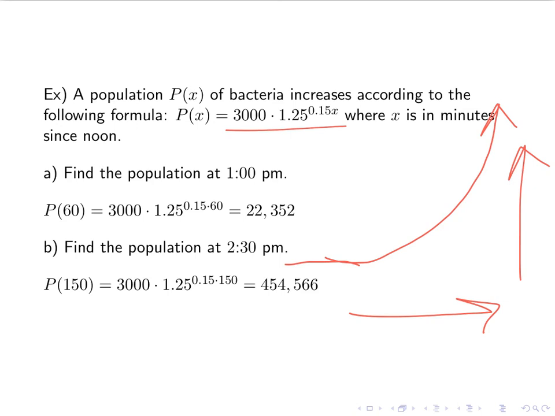So my population at noon, just like before, is my coefficient. It got larger at 1, and it got much larger at 2:30. So it makes sense that my population is increasing. So you always want to make sure, does my answer make sense? And you can think of that in regards to the shape of the graph. Is it increasing? Is it decreasing? Is it going to 0? Is it negative? Things like that.